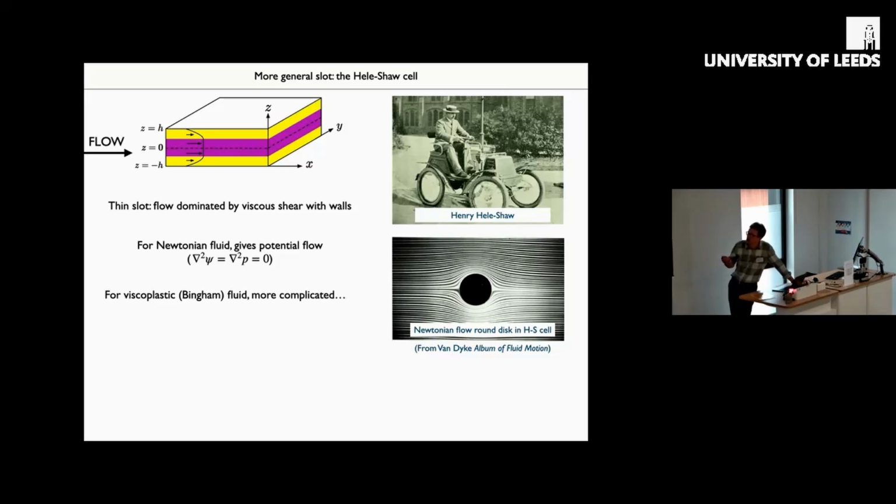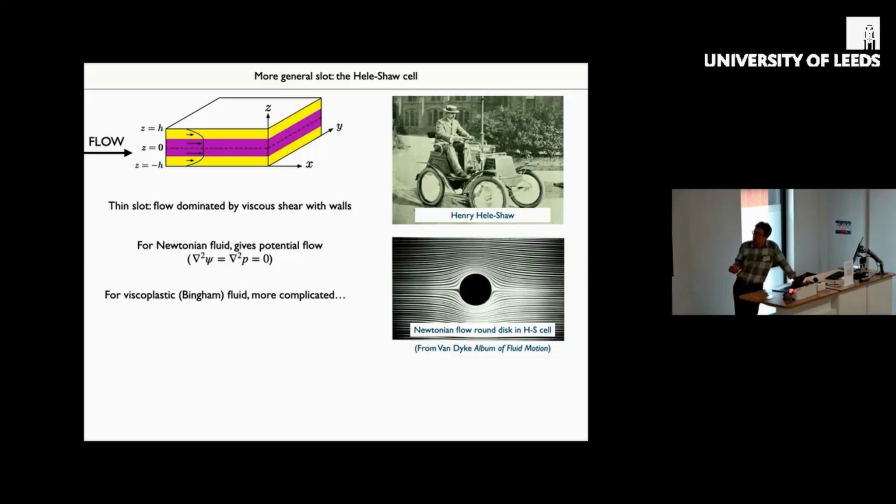In fact, the Hele-Shaw cell physics are exactly the opposite of potential flow. They're completely controlled by viscous drag, but it's a quirk of the problem that you end up solving the same problem as you do for an inviscid flow. The pressure field is not quite the same in the two cases, but there's this analogy. Anyway, the point is, for a Newtonian fluid, this becomes a nice, straightforward Poisson problem.